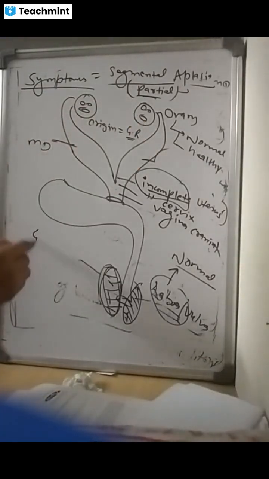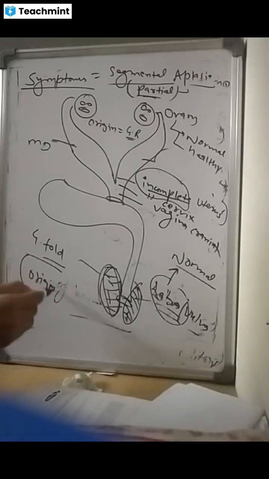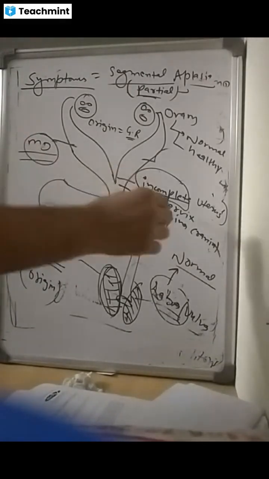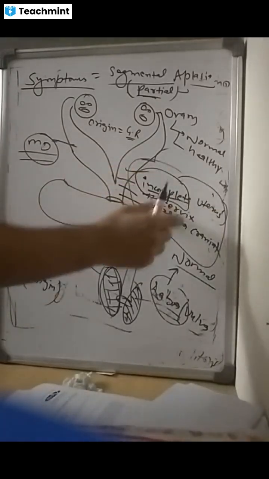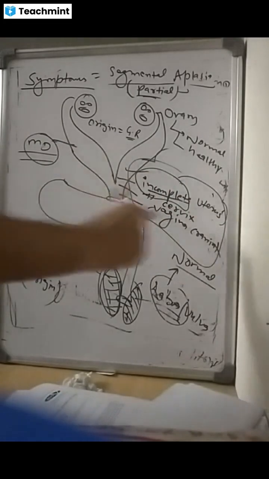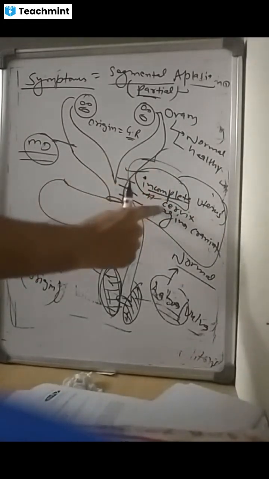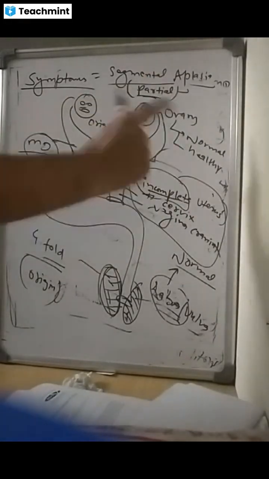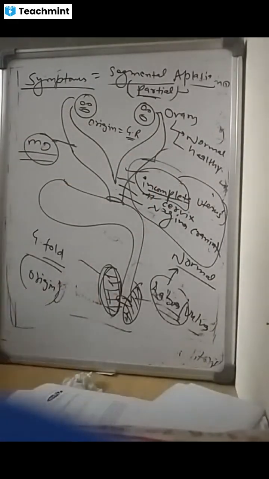What is the origin? The defect is in the Mullerian duct. So the structures formed from the Mullerian duct will be incomplete and defective, but the ovaries will be healthy and normal, and the labia will be normal and healthy.